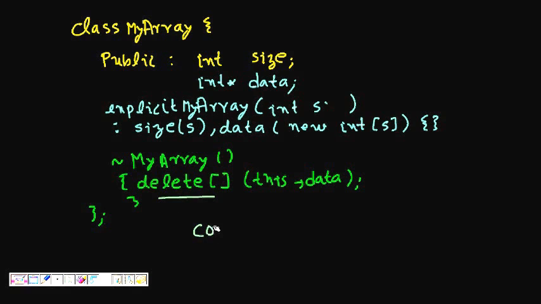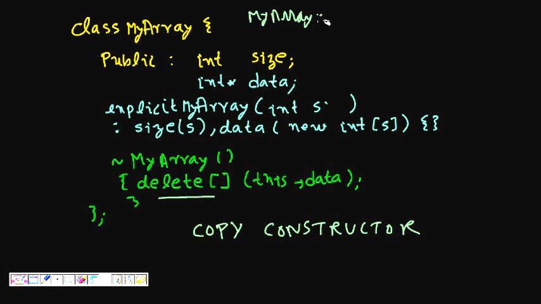I don't define a copy constructor here, so what happens is the compiler will make a default copy constructor, and it will write something like myArray, const myArray ampersand other.